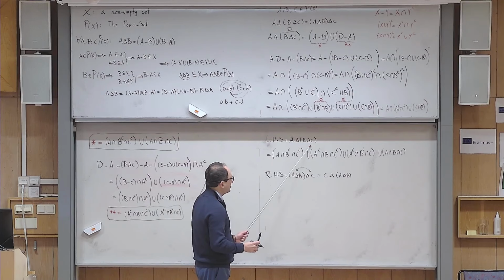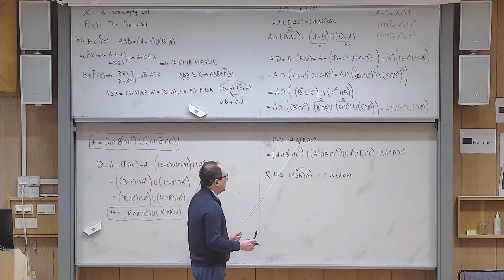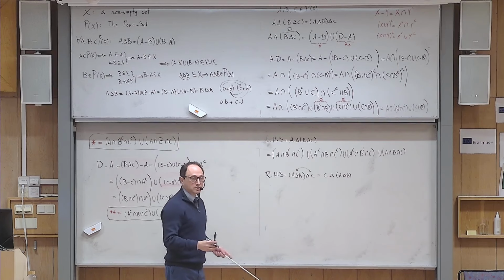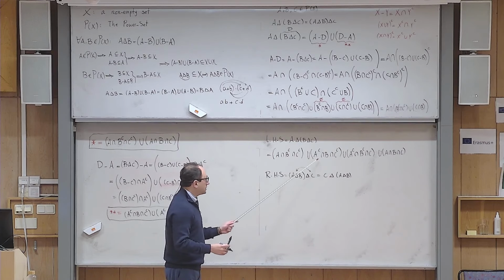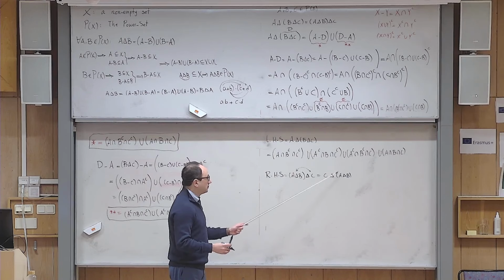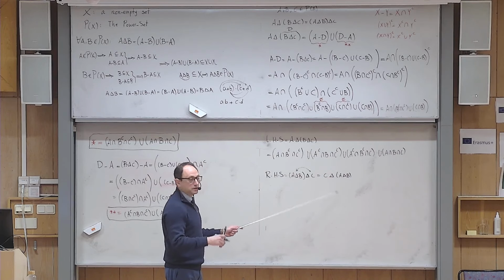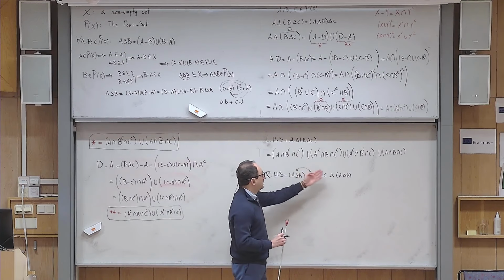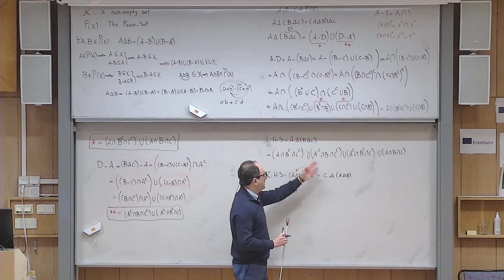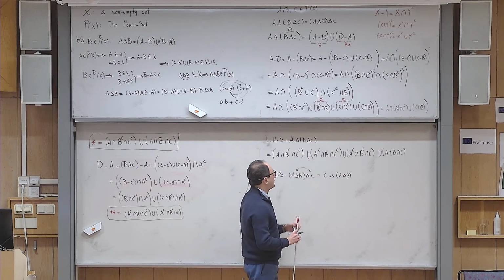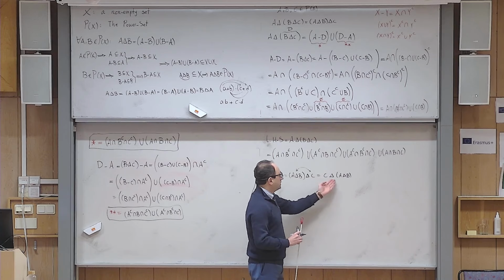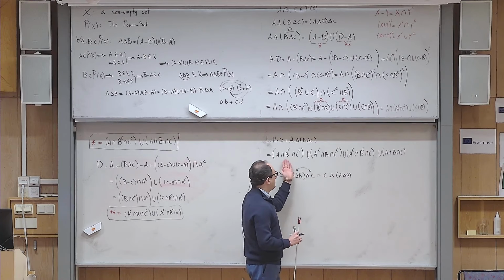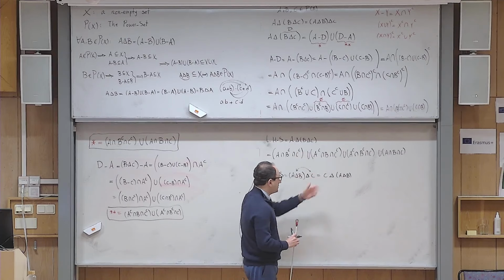Because when I was finding the result of this expression, I assumed that A, B, and C are arbitrary sets. I can use the same formula for expanding this. But the only thing that I have to be careful about now is that C plays the role of A, A plays the role of B, and B plays the role of C. So it means definitely the expansion of this will be the same with the changes that I mentioned.